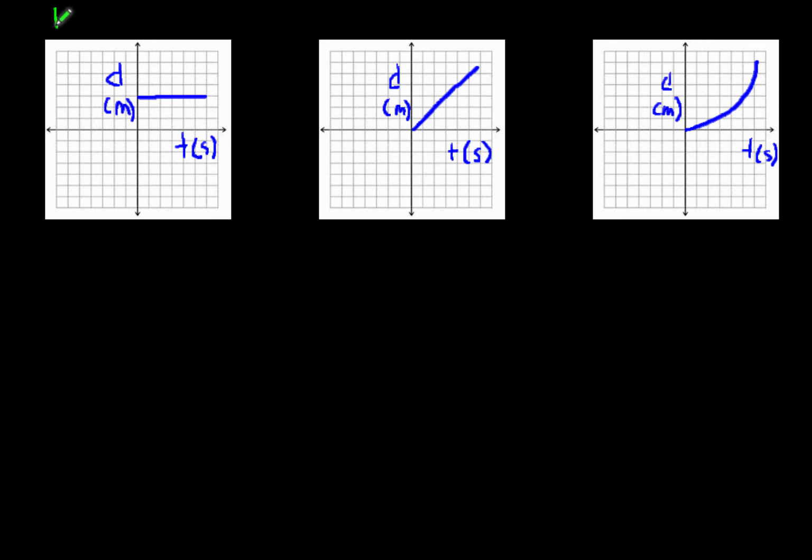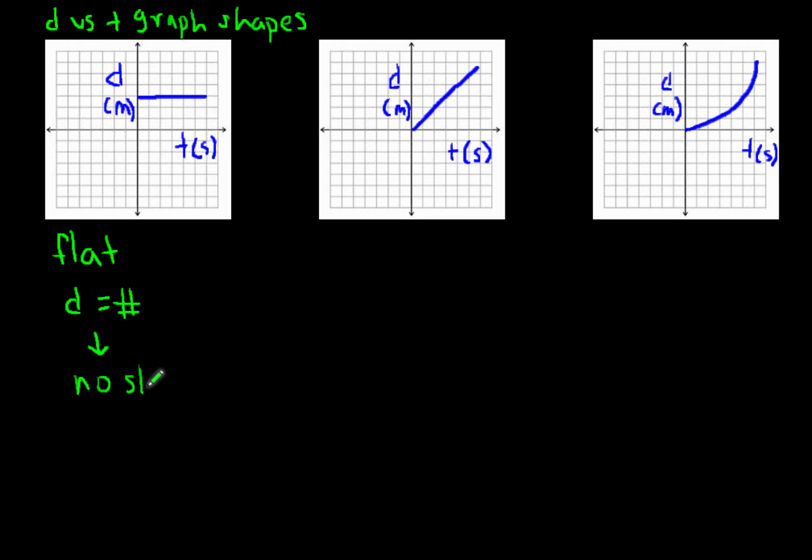Back to our three graph shapes and how they relate to d versus t graphs. A flat graph means d equals some number. This graph has no slope, and because it has no slope and slope is velocity, it has no velocity, which means that the object is not moving if the graph is flat.